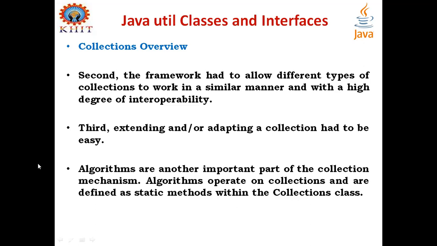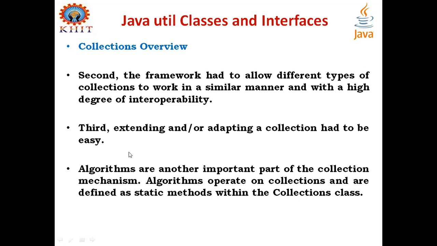Whenever you need to add more collections into this framework, it can be extended, or if you are going to adopt properties from elsewhere, that should be easy too. That is the third one. So based on these three goals, we maintain the collection framework for your programs to make them efficient and high performance, and it is easy to extend or adopt.